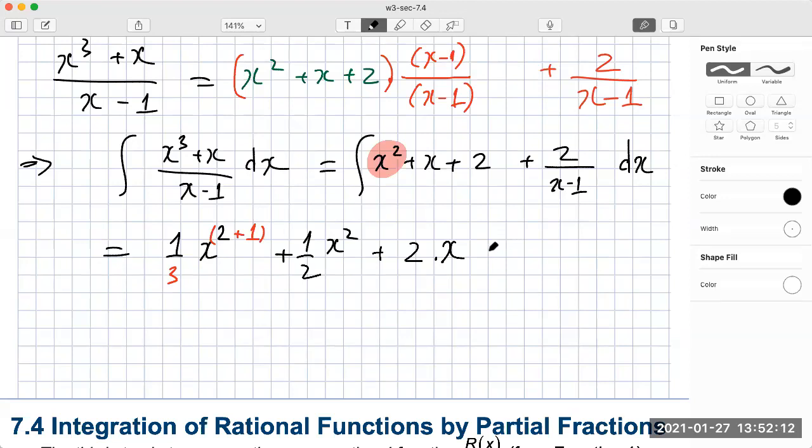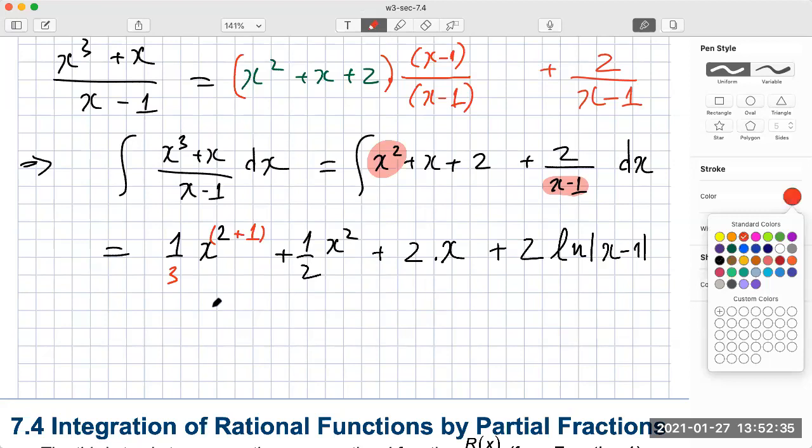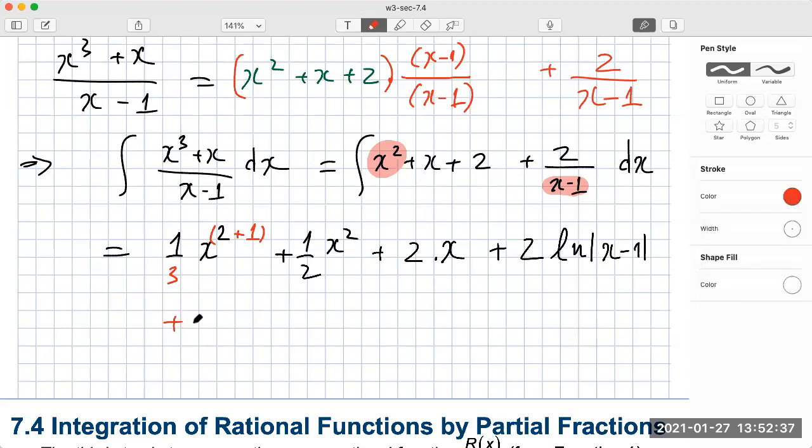And the last one, 2 out of x minus 1. Very good. Okay, you can do some substitution here, right? But because I suppose that we all do it and get used to it already. And we have this result.